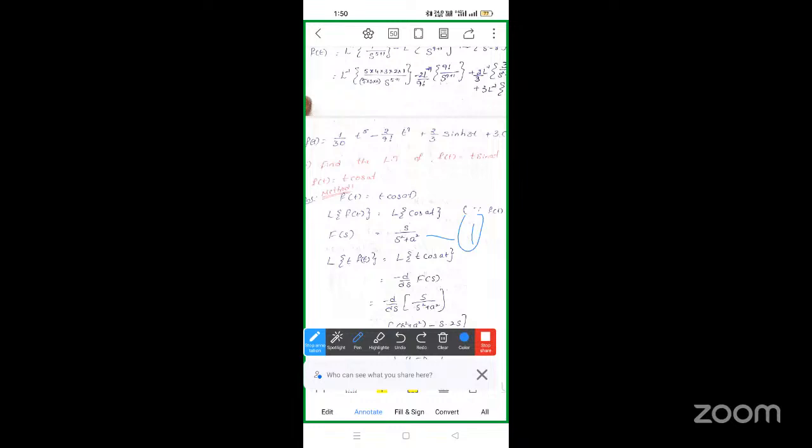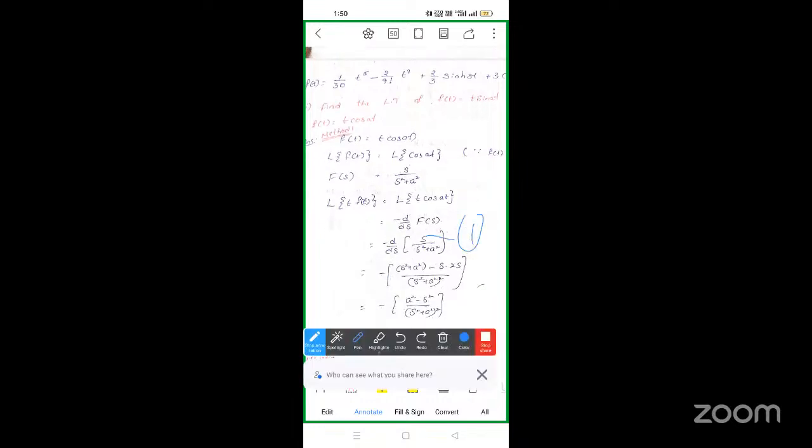So differentiate with respect to s by the u by v method. The differentiation of u by v formula is v u dash minus v dash u by v square.